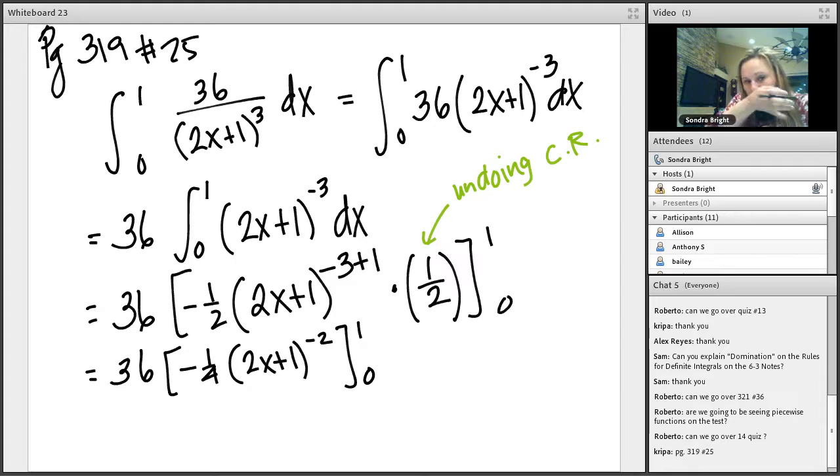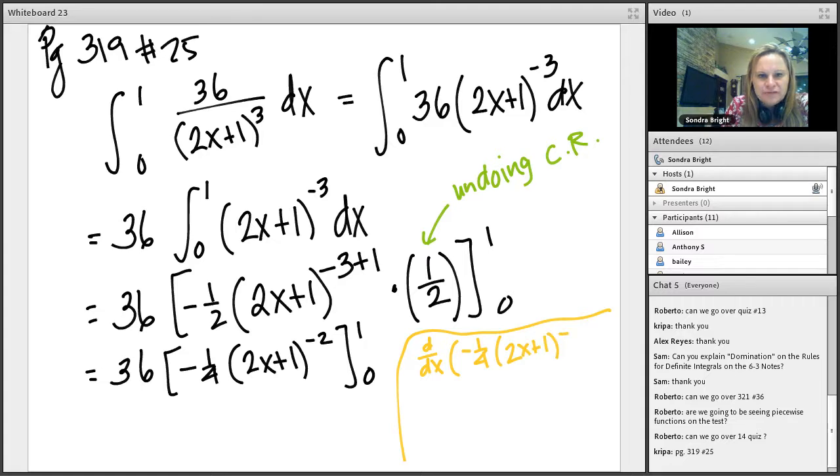If you want to double check yourself, I'll come off to the side. What is the derivative of negative 1/4 times (2x plus 1) to the negative 2? You would take the negative 2, pop it in front, so it would be negative 1/4 times negative 2 times the inside, dropping that exponent by 1, negative 2 minus 1 gives you negative 3.